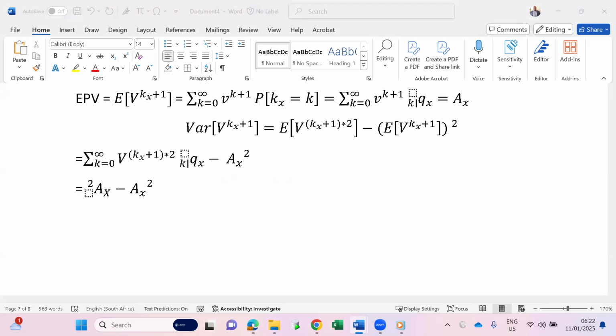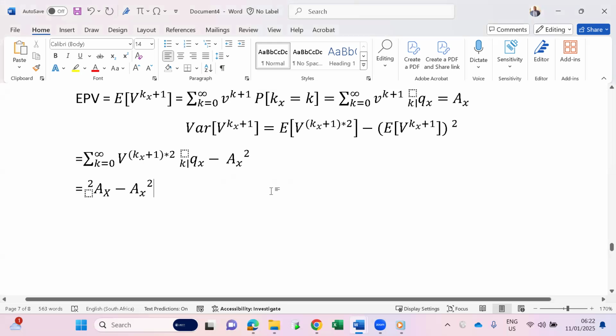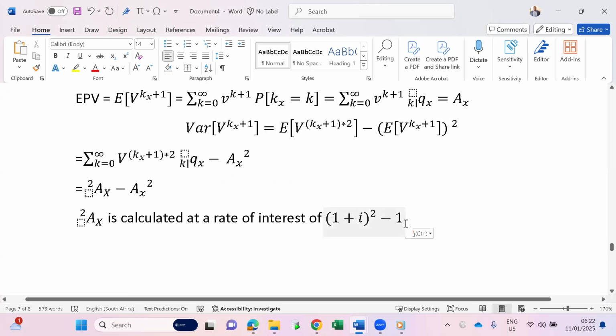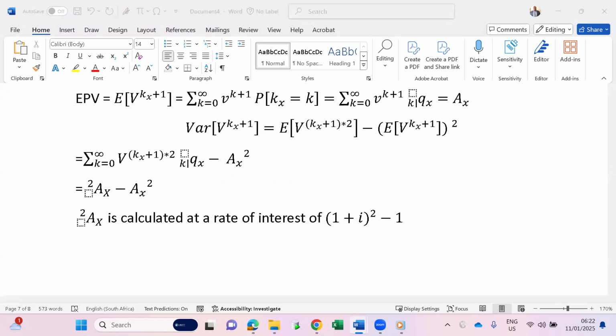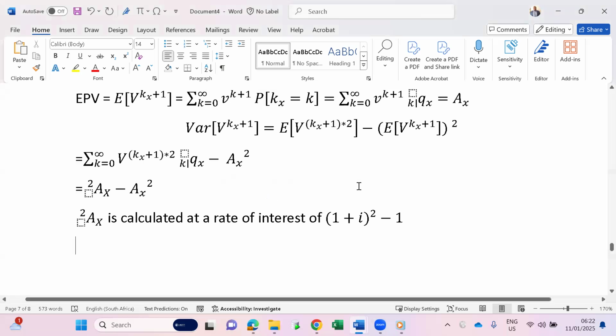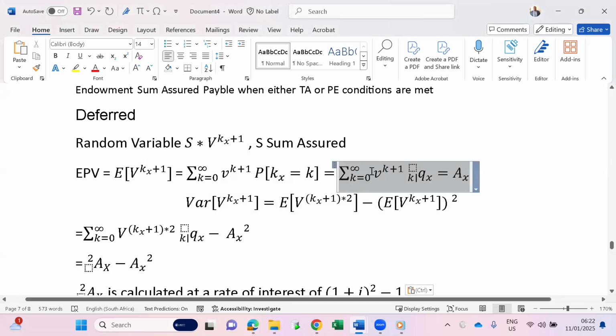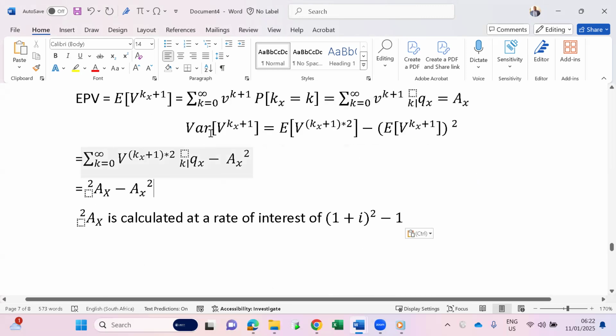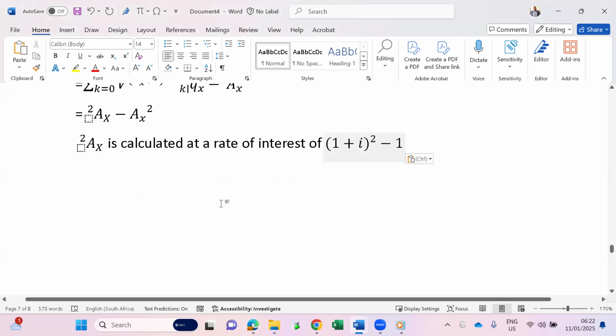And this ²A_x is just the expectation valued at (1+i)² − 1. Simple. We need to understand the definition, we need to understand the symbol and the calculation. That's it. Same here: definition, first principles, assumption, and then the final definition. Okay, that's it.